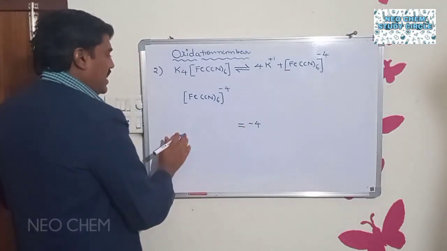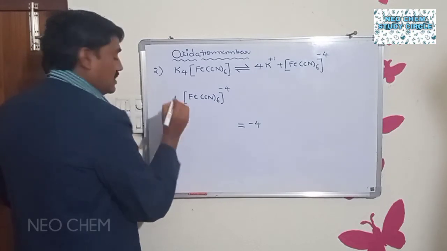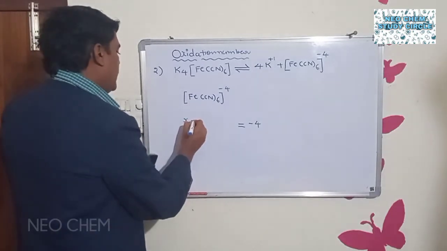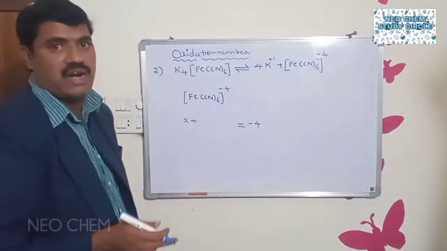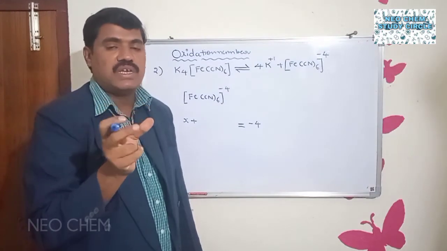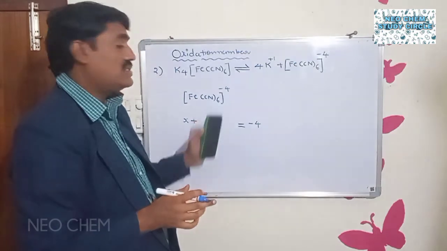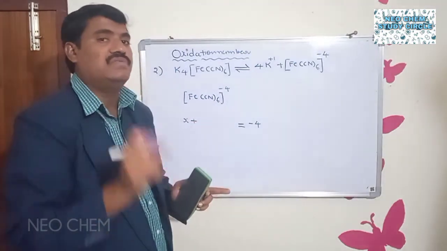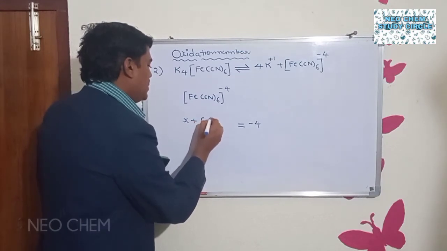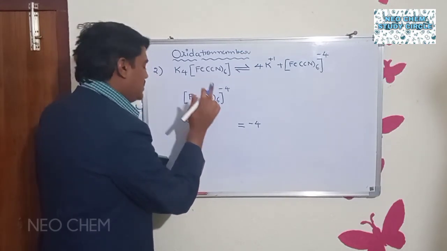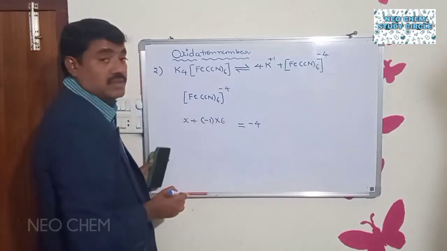Next, on the left hand side, the oxidation number of iron is X. Next, plus the total charge of the ligands. Here the ligands are cyano ligands. Cyano ligands are negatively charged ligands, so each cyano ligand carries minus 1 charge. There are 6 cyano ligands, that's why multiplied with 6.